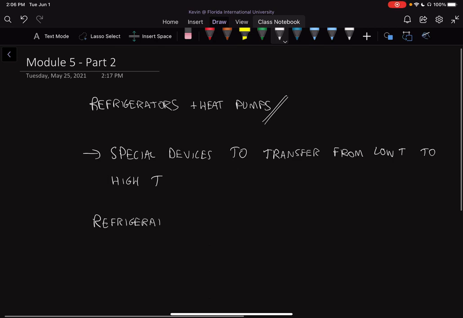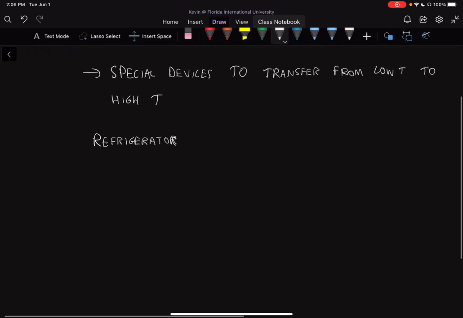And a refrigerator diagram would look something like this. We'll do a simplified diagram and then we'll look at the complex diagram. So the simplified diagram looks like this, and I'm going to call this fridge. Not just refrigerator, I'll just call it fridge.